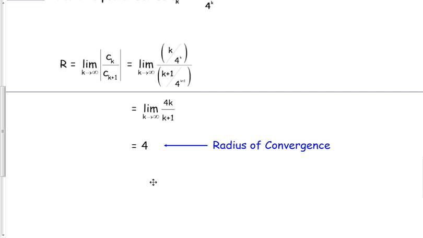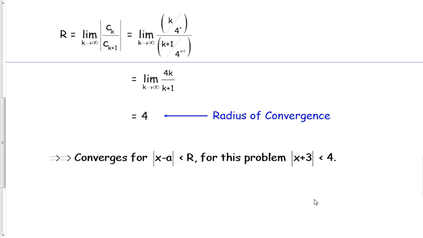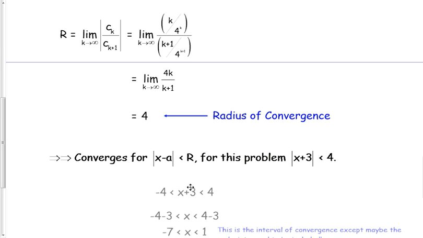So what does that tell us? Well, that means the series converges anytime that expression that involves x minus a, or in this case x plus 3, is less than the radius of convergence, which in this case is 4. That's the beginning of our interval of convergence. So the radius of convergence helps us determine the interval of convergence.